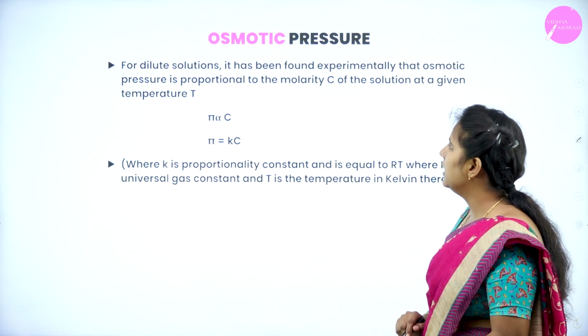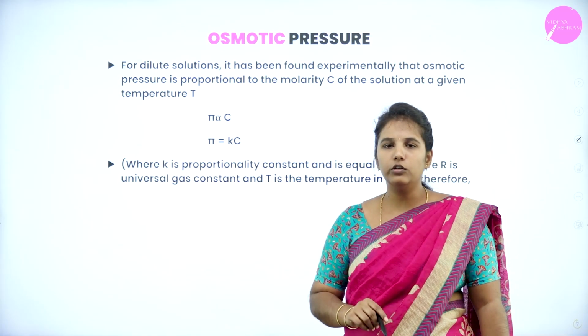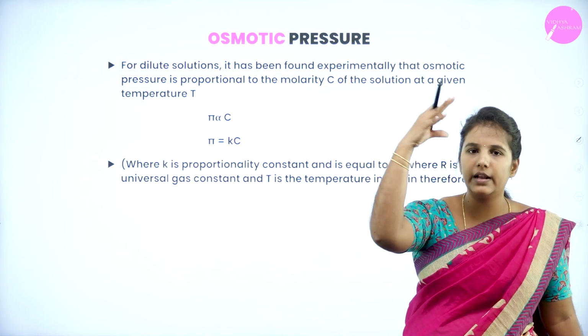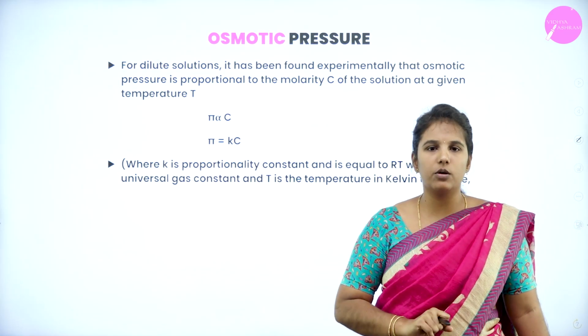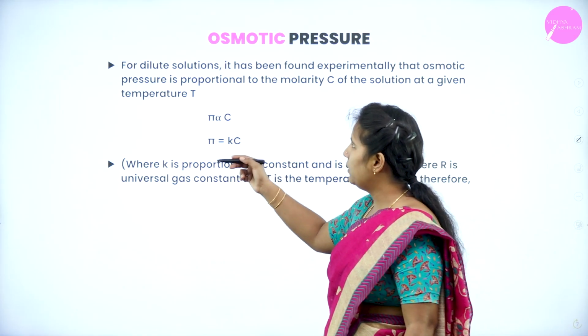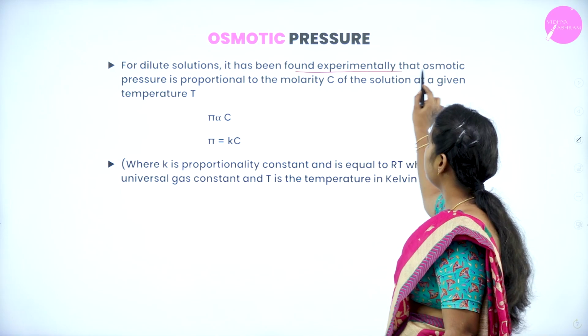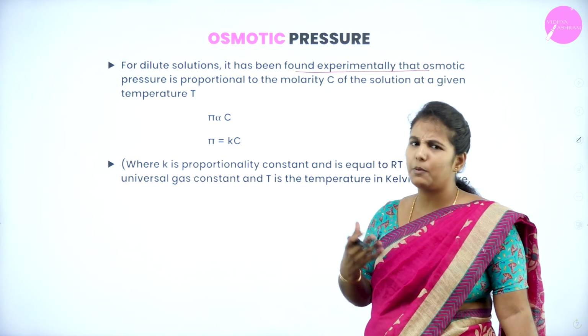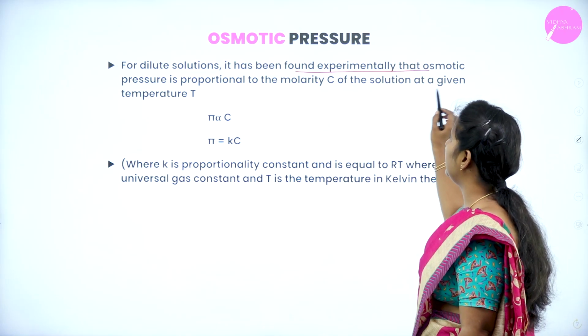So we'll see with the derivation. We all know that osmotic pressure is nothing but a pressure applied on the solution just to stop the osmosis. We also know that for a dilute solution, it is experimentally proved that osmotic pressure is directly proportional to the molarity.